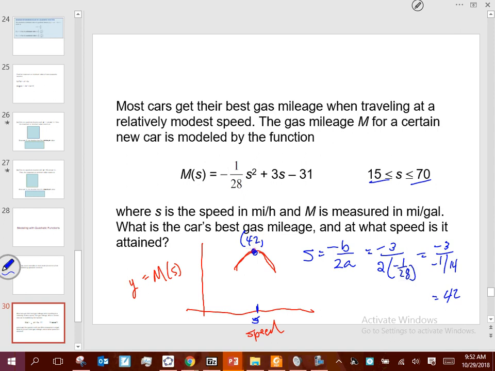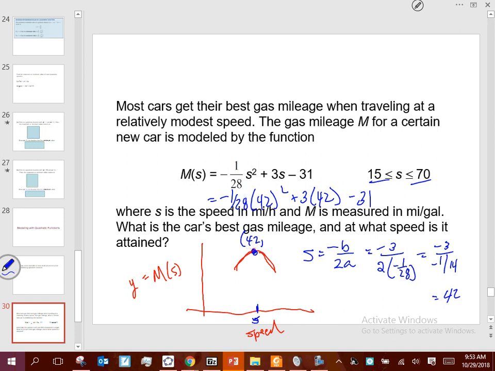Now, the maximum, the Y value, would be this function evaluated at 42, right? So let's take this function and I'll evaluate negative 128 times 42 squared plus 3 times 42 minus 31. I just plug that in.